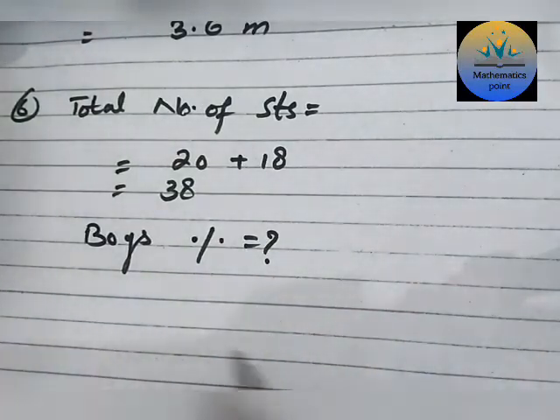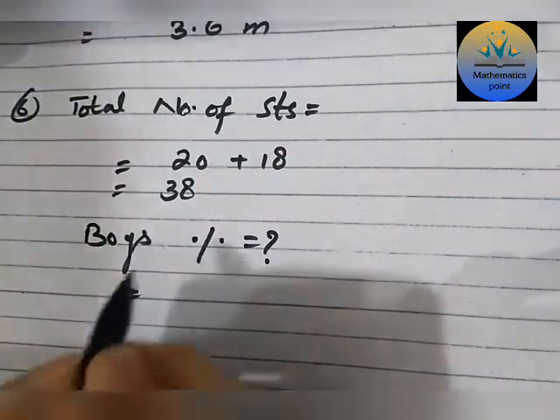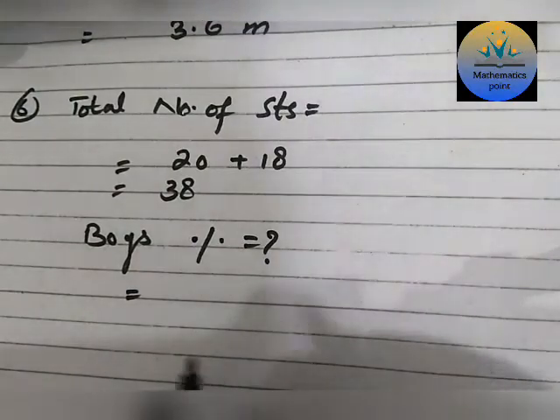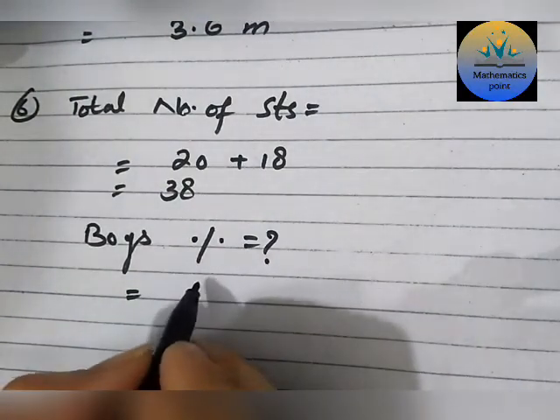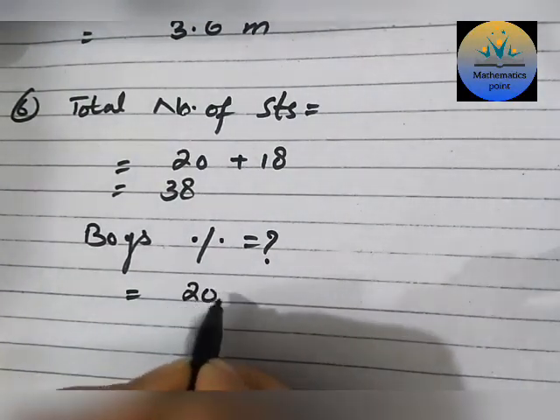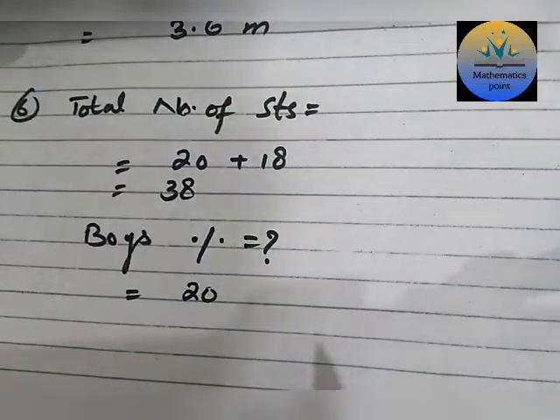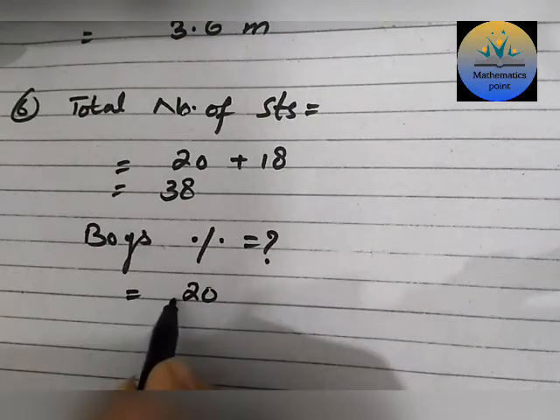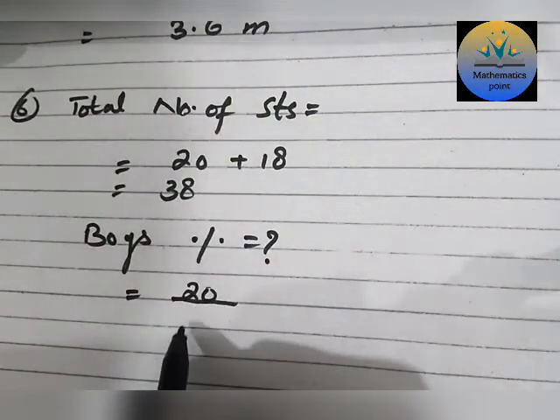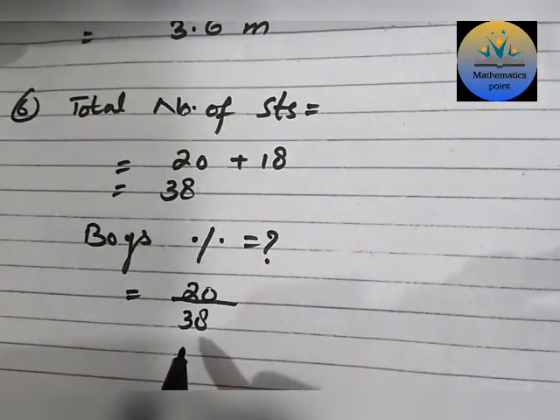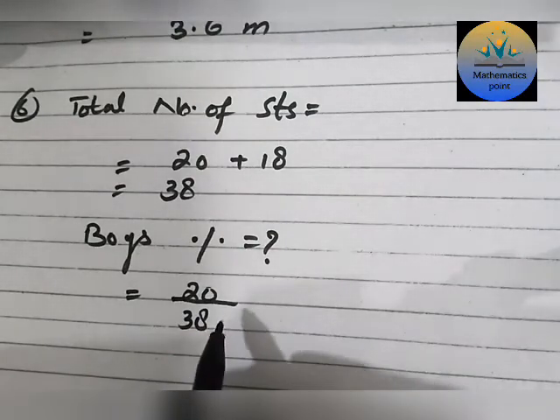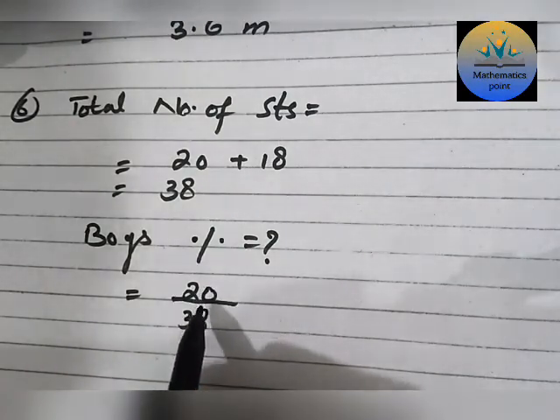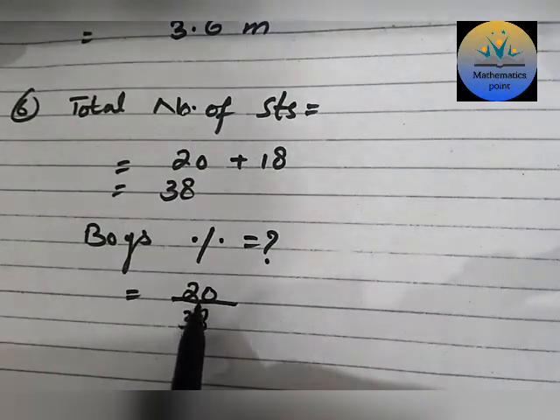Okay. Now the total number of boys that is given in the statement is 20. So we have 20 boys in the class, and 38 is the total number of students, and out of 38 the number of boys is 20.